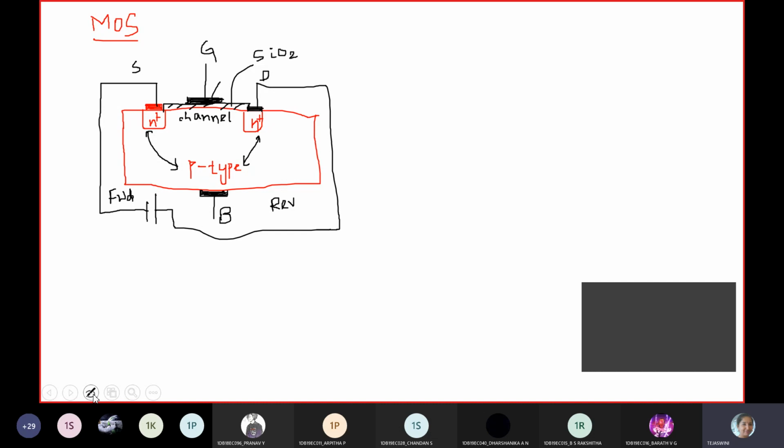So what will happen if I apply a gate voltage? Suppose I apply a small positive voltage to the gate with respect to the source. Which charges are going to be attracted to the positive voltage?